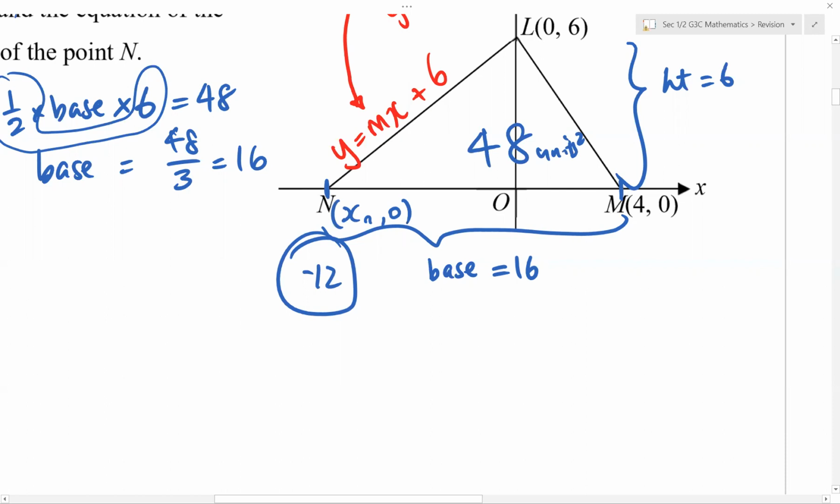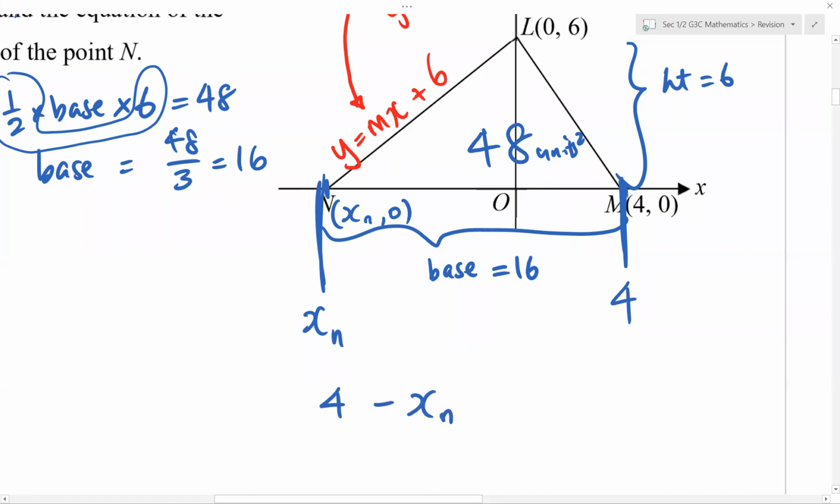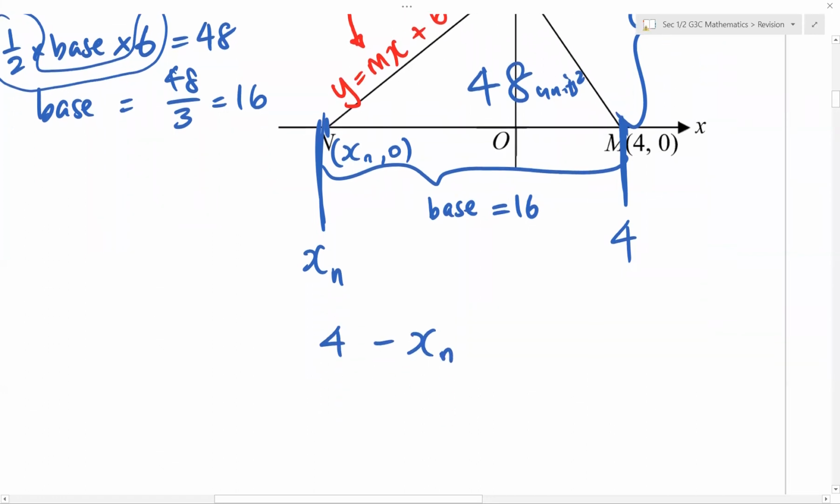So if I want to find the distance between over here 4 versus this value of xn, I will take 4 minus xn, right? Big minus small, without caring whether xn is a positive or negative value.